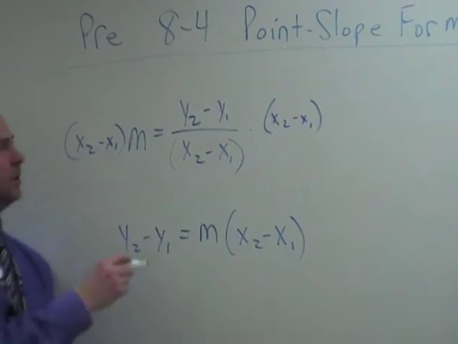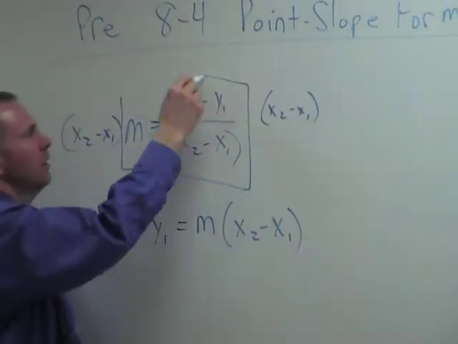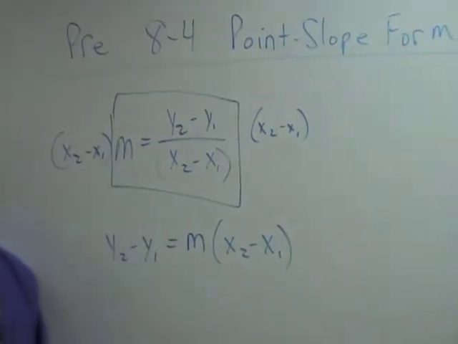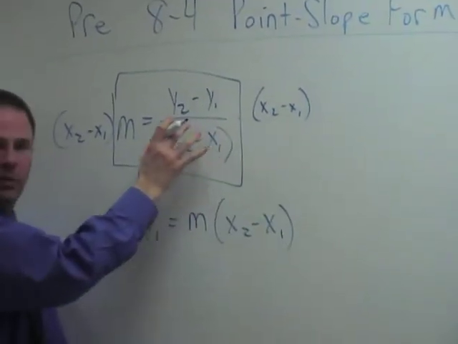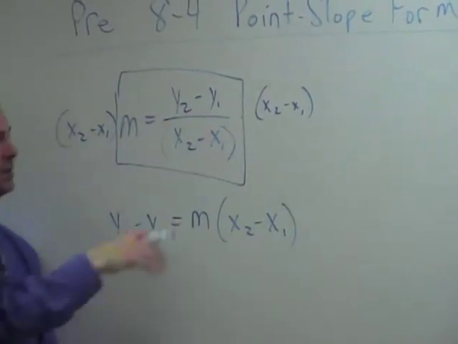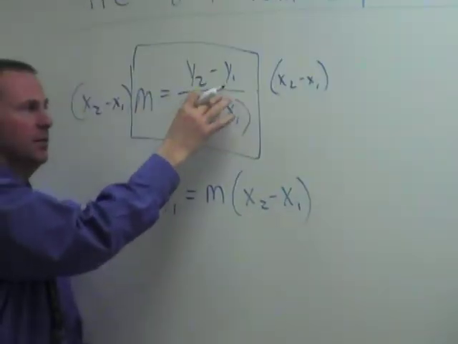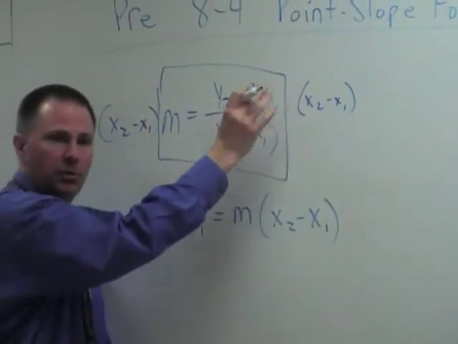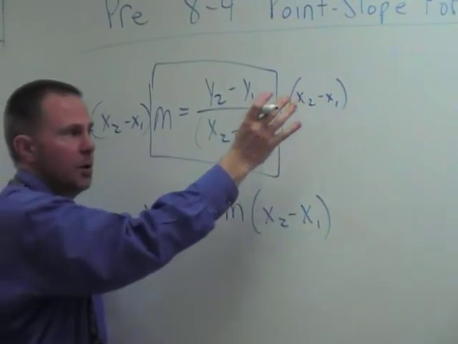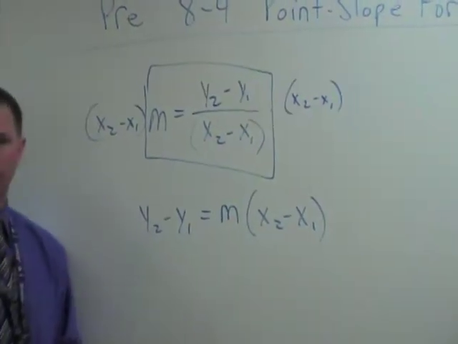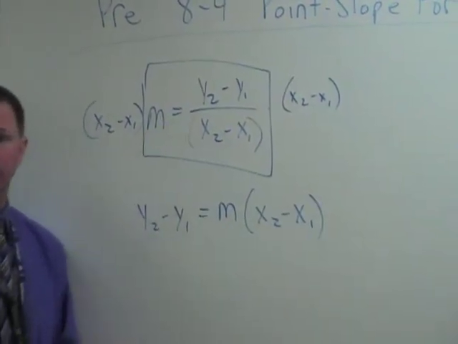Okay, so this is the slope formula. All I did to remove the denominator was multiply by it, because it's attached to the top part by division, so we do the opposite. We multiply by whatever the bottom was. I have to multiply both sides.